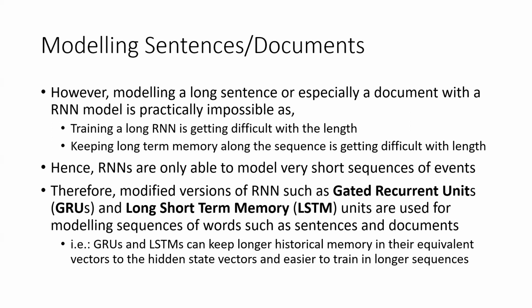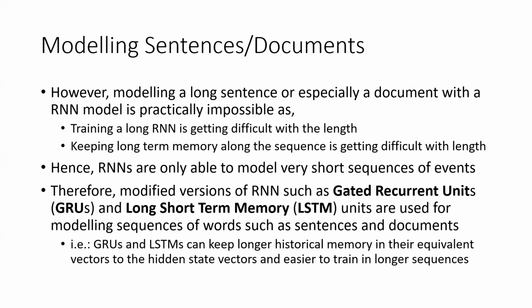We are not going deep into why, but just remember that long RNN models are difficult to train. And the second point is that as RNN models get longer, because the history is updated in the hidden state at each time step, a long sequence of RNN time steps can't keep track of the earlier history.